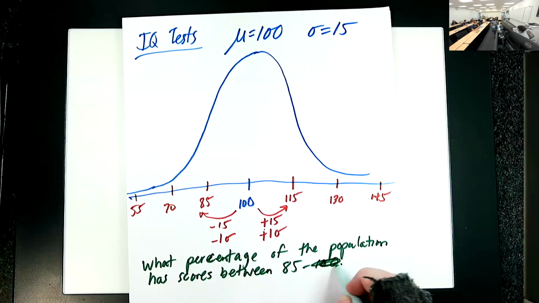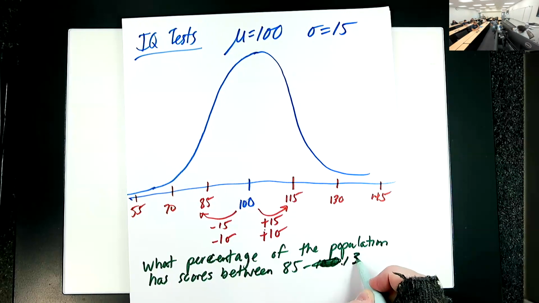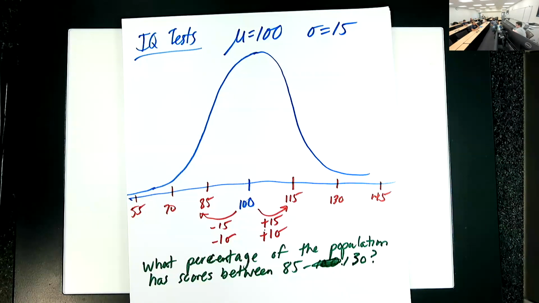No, let's not do 100, let's do 130. Now, usually in 7.1, it might be true for all of the 7.1 questions, oftentimes they're asking you to use that empirical rule thing.